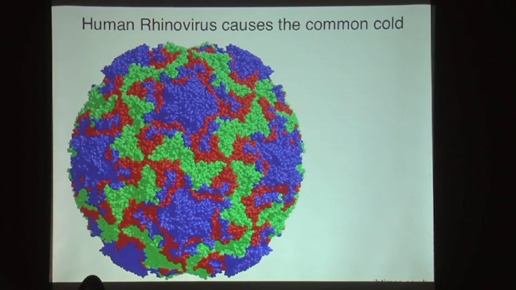So we're looking for cures for the common cold using these principles that we've talked about, but we're not there yet. And that's why the question that we're tossing out is, can we cure the common cold using these principles?